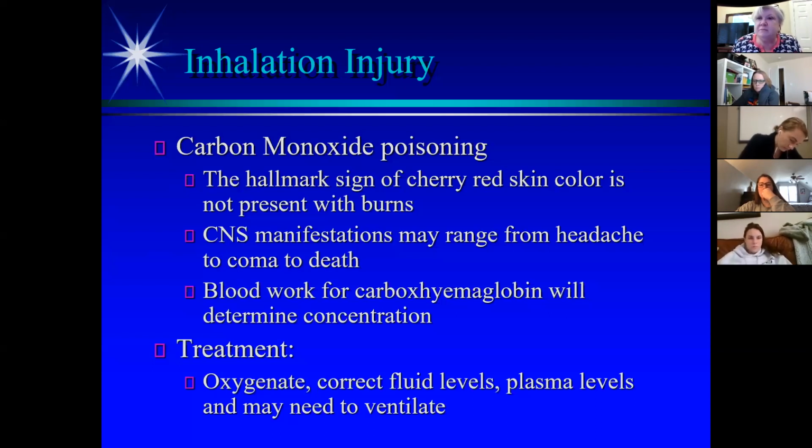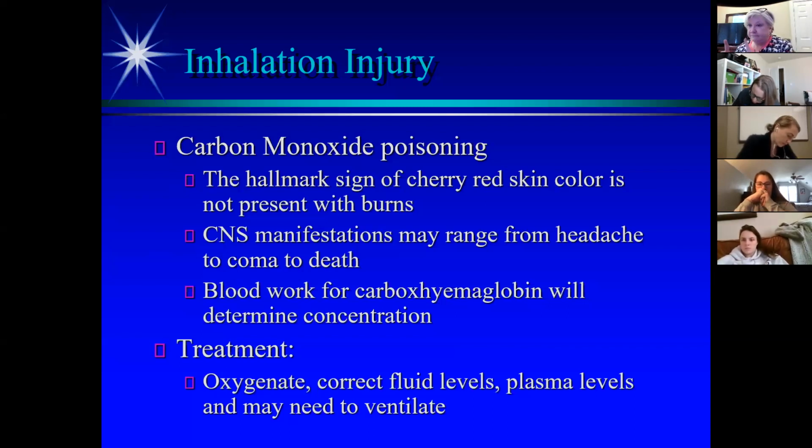Now, these patients come in with a very classic presentation that everybody pretty much knows. They come in with this hallmark cherry red color. So they don't look blue. They are not cyanotic, even though they're asphyxiated. They are cherry red. They have a cherry red nose, cherry red lips, and cherry red fingertips.